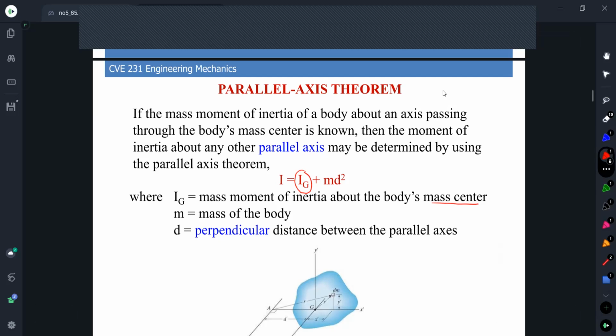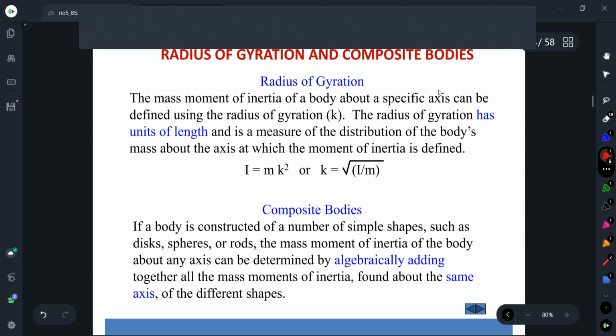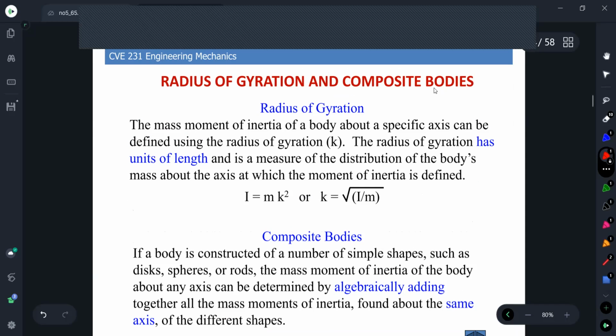Like the area case, where we transfer from the centroid, here, because it is a body, we transfer from the mass center, and add md squared, where m is the mass of the body and d is the perpendicular distance between the parallel axes. The radius of gyration is the same as in statics: k equals the square root of I over m.